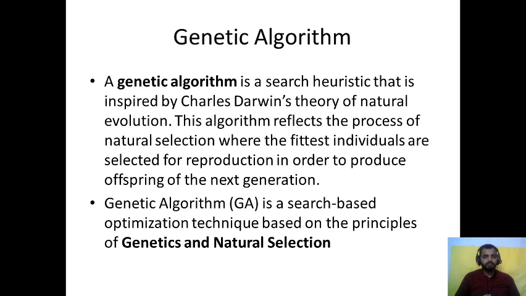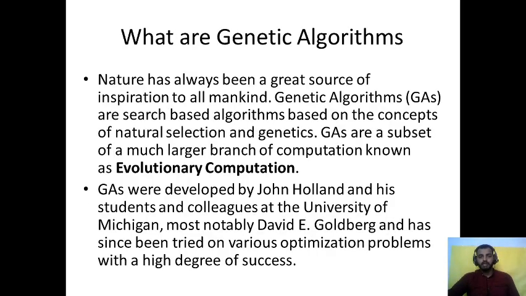So what genetics does he have? He is hardworking, he is energetic, and he is also very wise. This is what we call the genetics, or the genes, of the thing. The same thing applies here with reference to genetic algorithms. It is a search-based optimization technique based on the principle of genetics and natural selection.